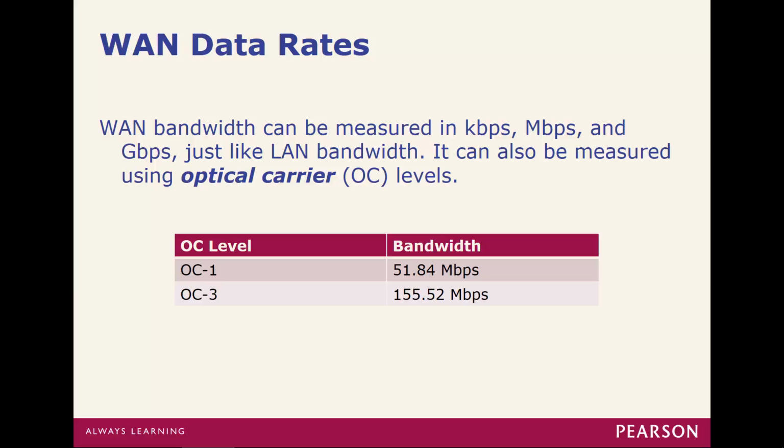OC stands for optical carrier, and OC level 1 was 51.84 megabits per second. So we could say 51.84 megabits per second, or we could say it's an OC1 line. Same thing with our OC3 lines. There's a specific bandwidth associated with them, and you could either say the bandwidth or the specific OC level.